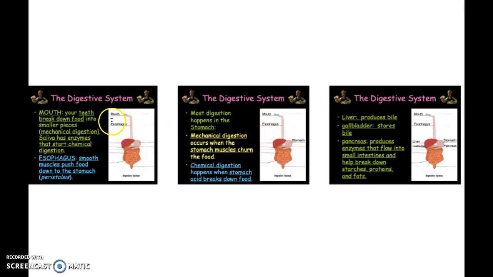Now, when we look at the different parts that are included in the digestive system, as you can see right here, we have the mouth, which is literally your mouth, and the esophagus. The esophagus is the tube that connects your mouth to the stomach right here. Your mouth has teeth, so it will break down the food into smaller pieces, and the esophagus is composed of smooth muscles, and it pushes the food down the tube into the stomach.